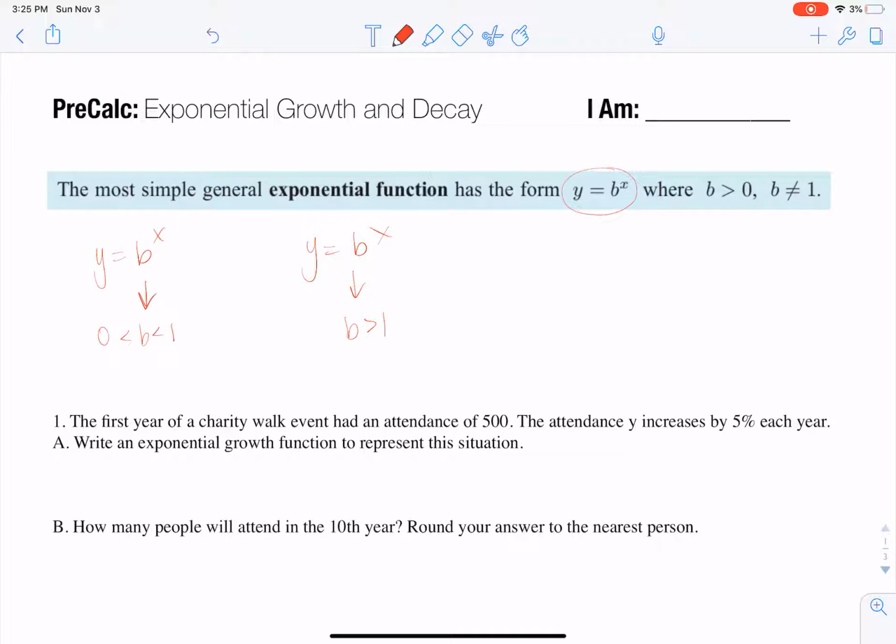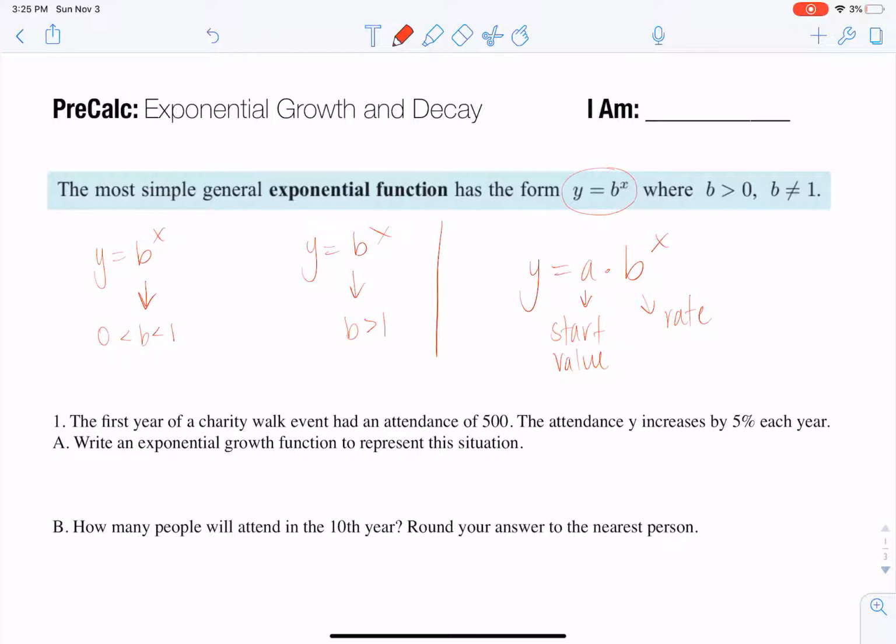So we put these restrictions on b, and then we can move forward and we can shift it around. So we can add to this model here and say that an exponential function is y equals a times b to the x, where a is my start value and b is my rate, or my percent increase or decrease.